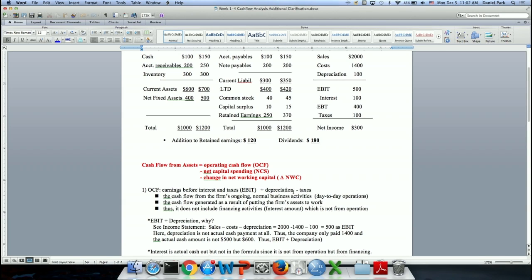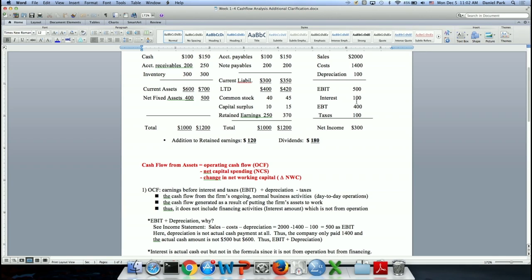And the company pays interest. But in the formula, there is no minus interest. Why? Because we focus on operating cash flow. And this interest is from the company's debt. If the company borrows from other investors, then it has to pay interest.